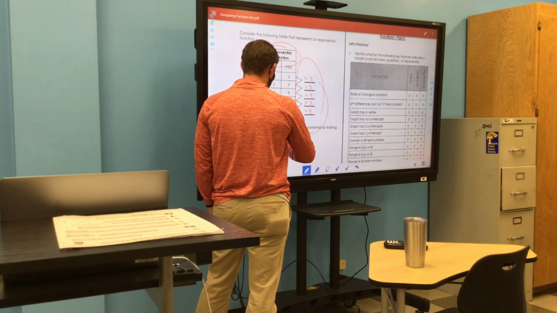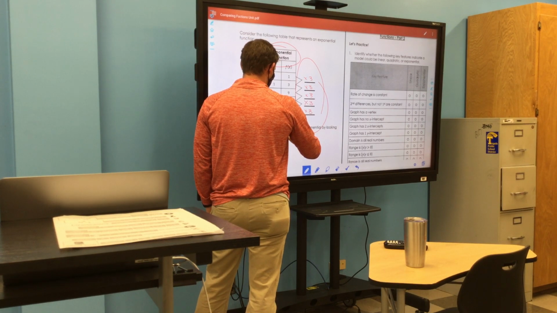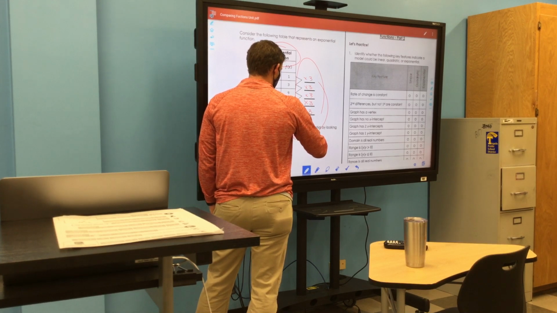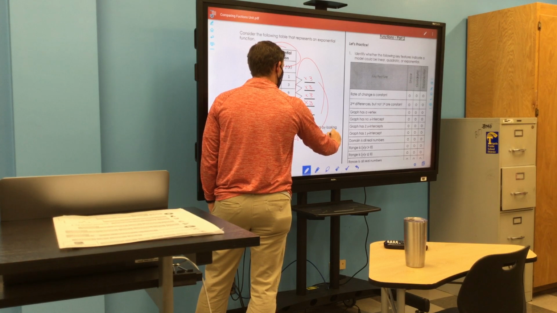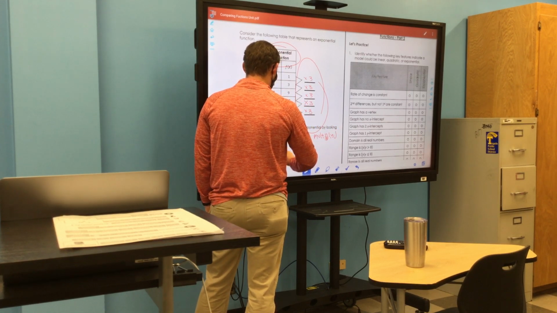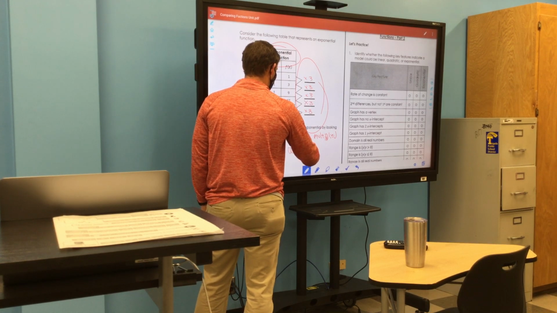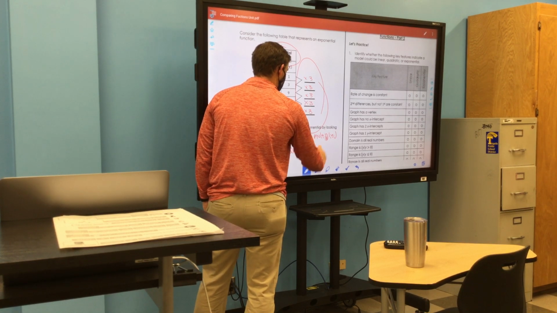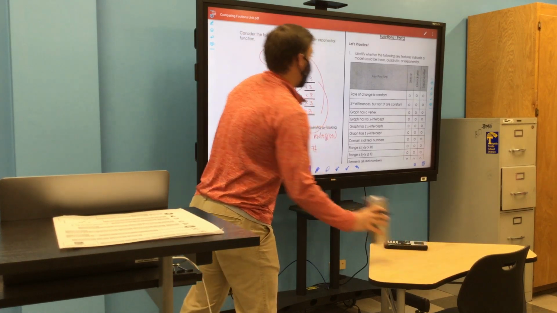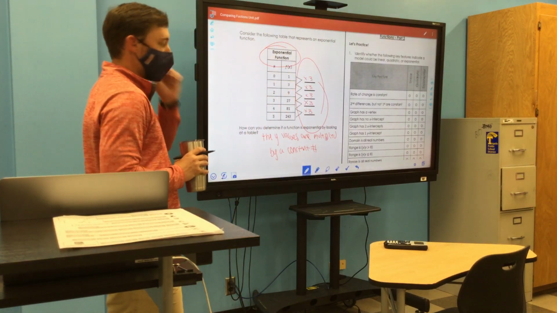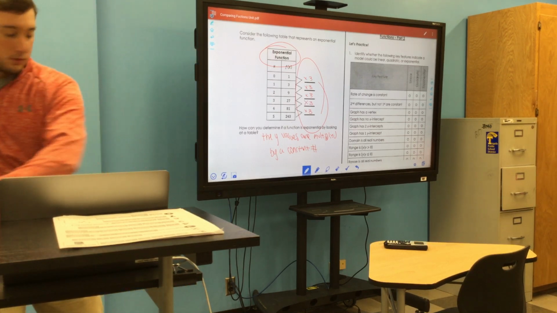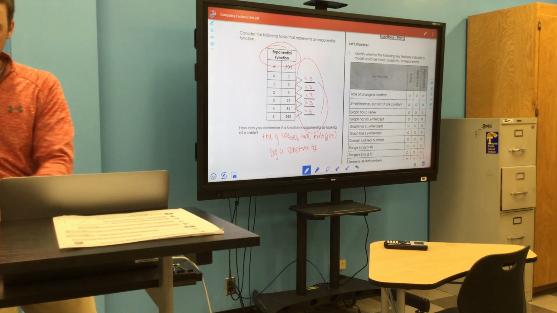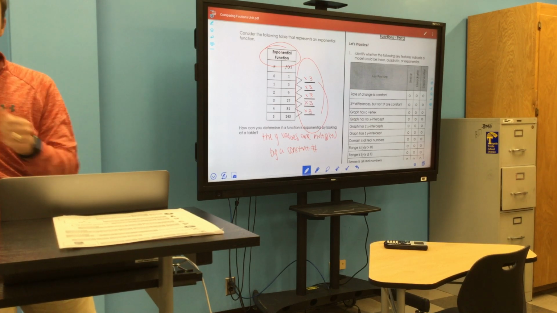The y values are multiplied by a constant number. Any questions there?